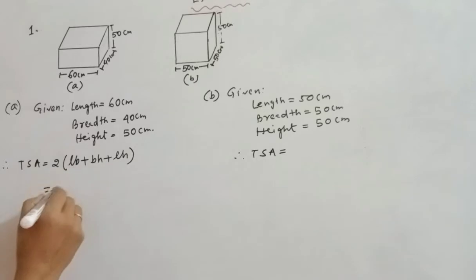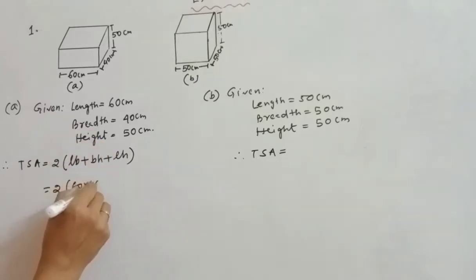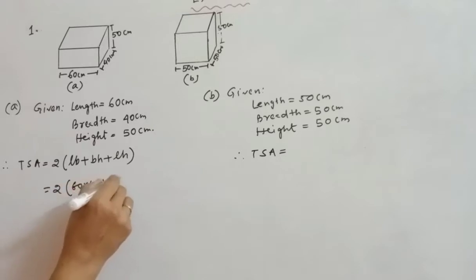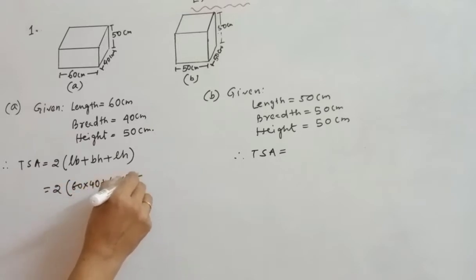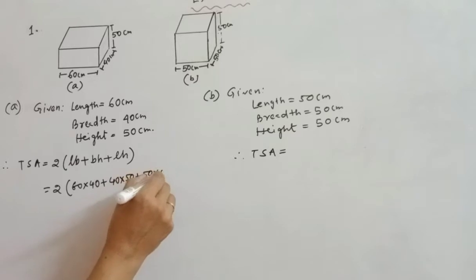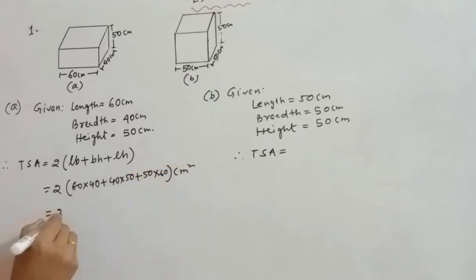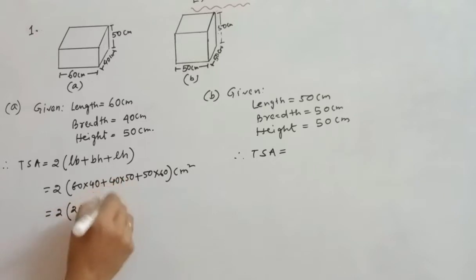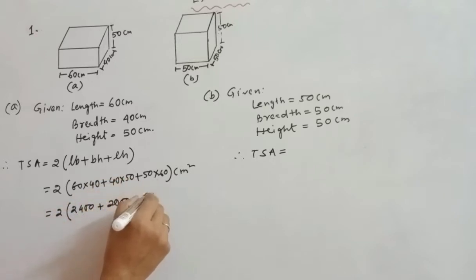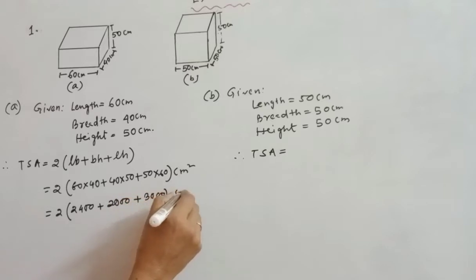When we put all the values, 2 into 60 into 40 plus 40 into 50 plus 50 into 60 centimeter square, that is 2 into 60 into 40, 2400 plus 4 5s are 20, 2000 plus 5 6s are 30, 3000 centimeter square. Add all this, you will get the value.